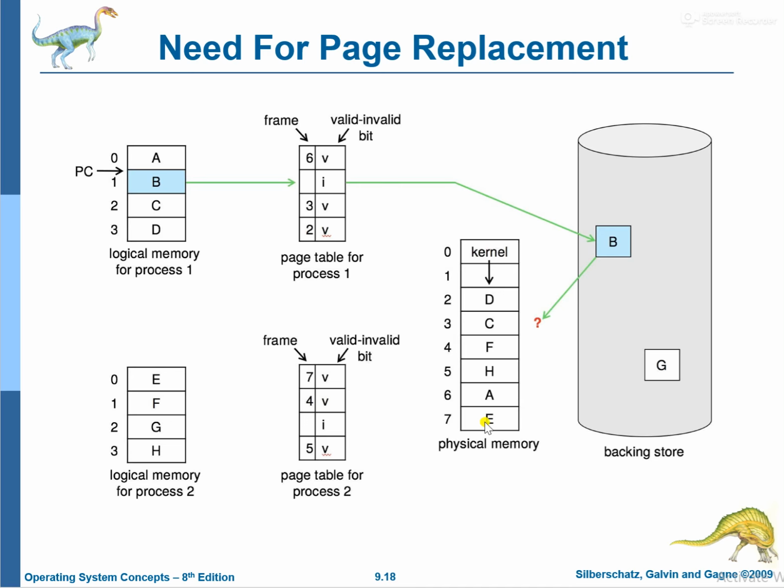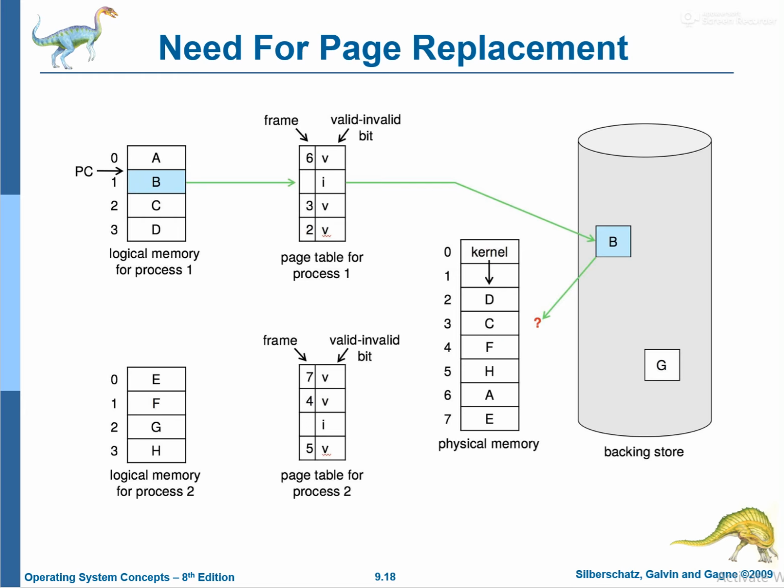If there is a free frame, there is no problem. We can bring B from the backing store into the physical memory. But if there is no free frame available in main memory, then we have to make space. We have to replace some page from physical memory. We have to send some pages from physical memory into the backing store, so that we can bring B into the physical memory.